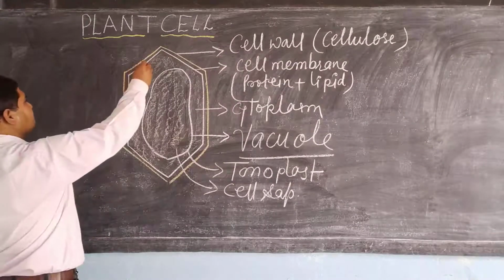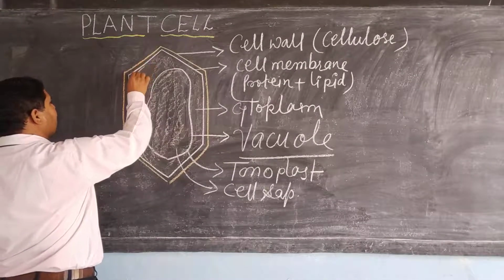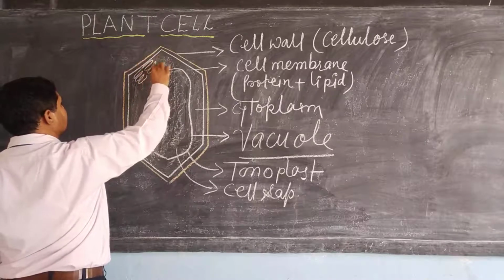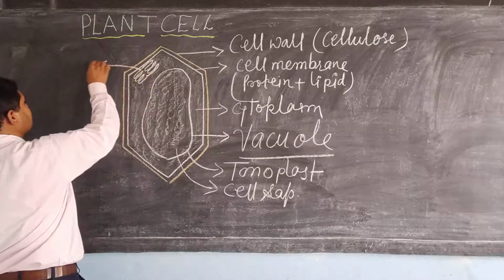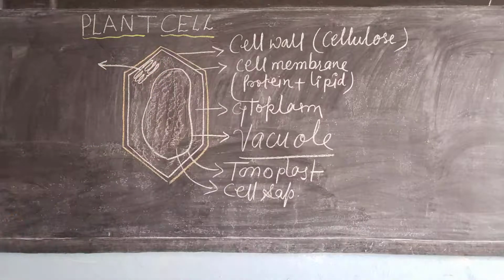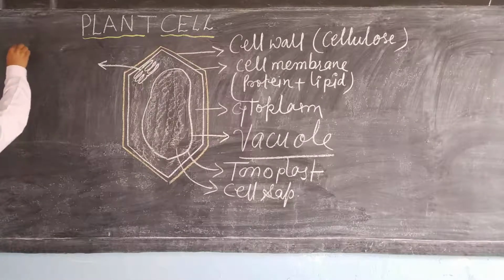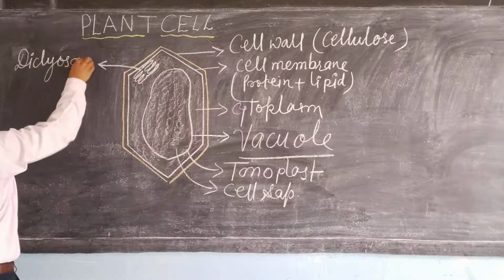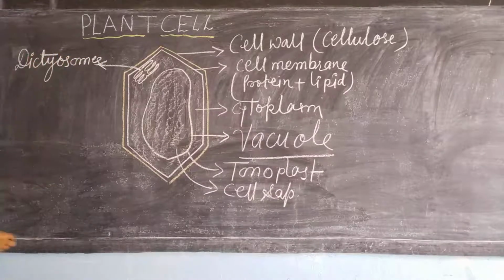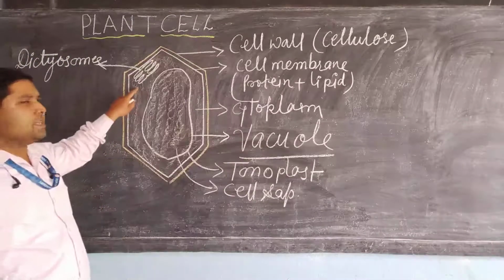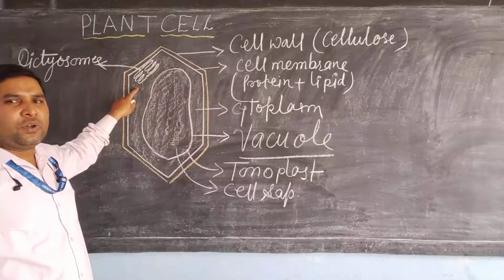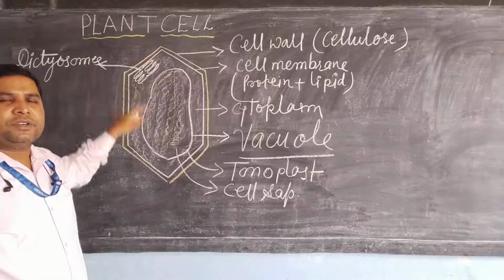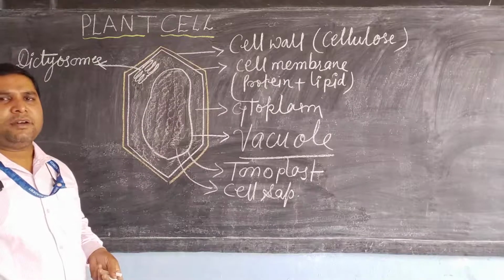Just above the vacuole there is the flattened body known as dictyosome. Dictyosome, which in the animal cell is known as Golgi apparatus or the Golgi body, has the function of secretion of enzyme and hormone.